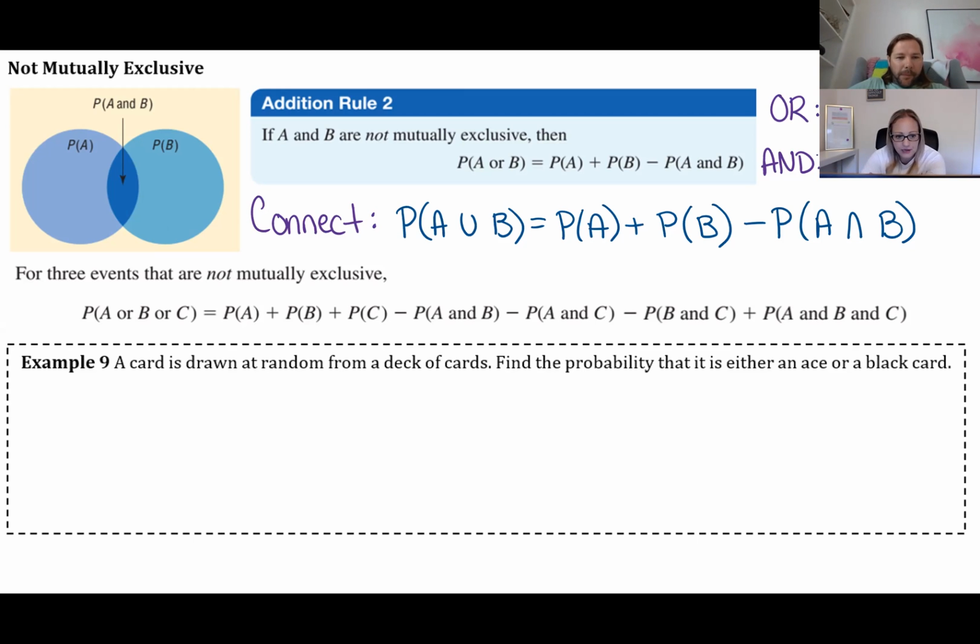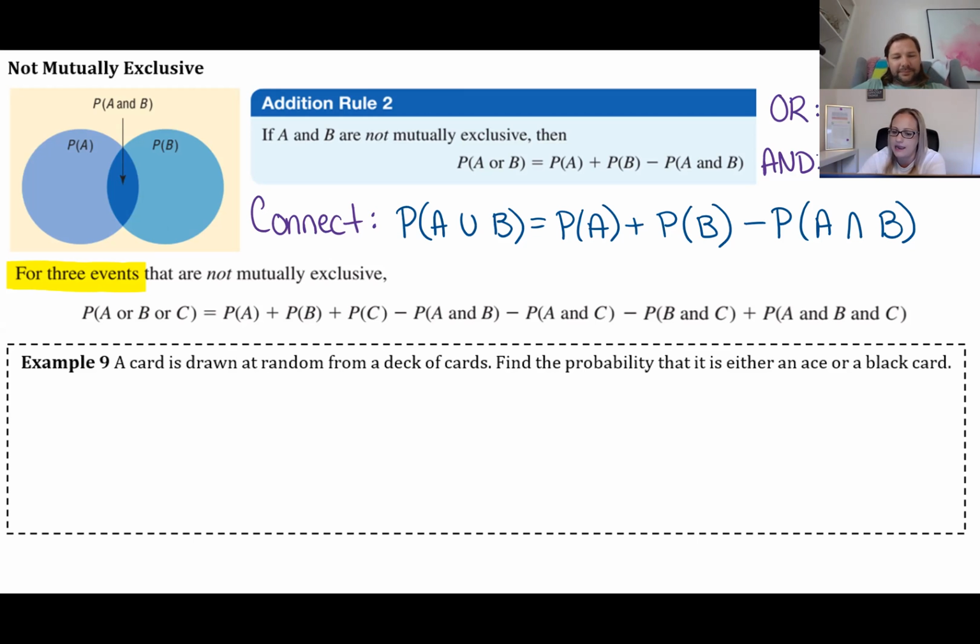And then for three events that are not mutually exclusive, you can see that the formula immediately gets pretty complicated. So let's just kind of look at it here. For three events, you still add each individual event, the probability of each one. Then you subtract each pairwise probability.